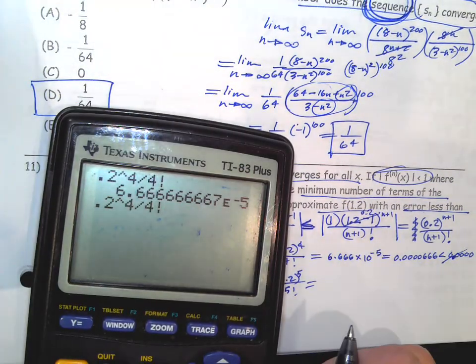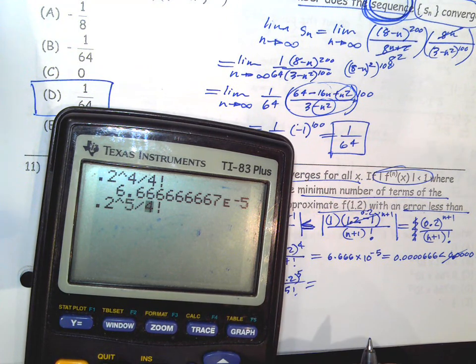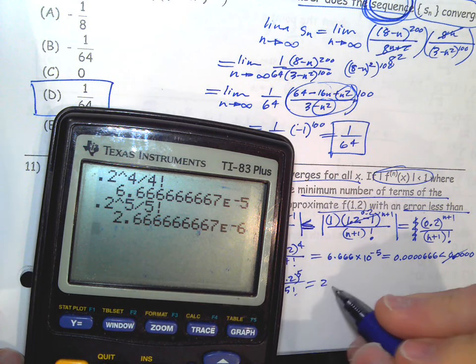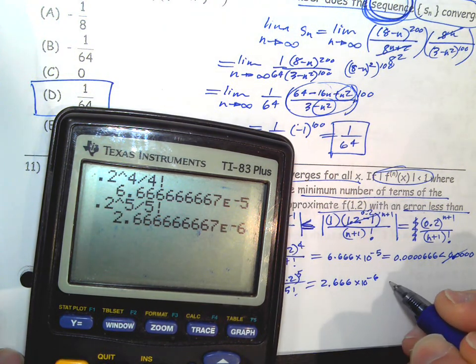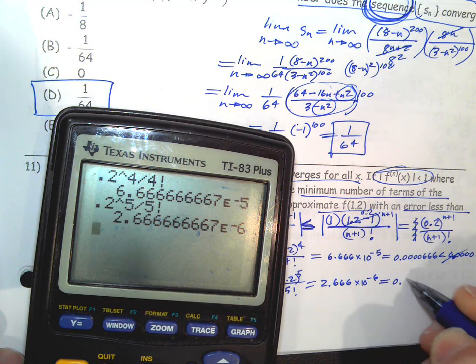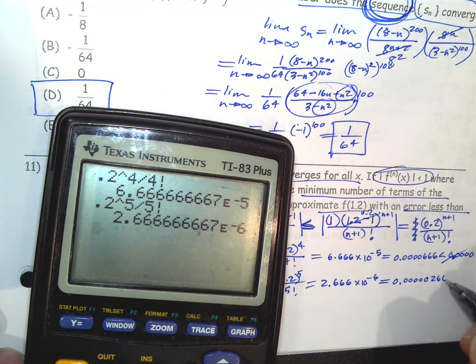So I'm going to take advantage of my previous work and just do that. Now it's 2.666 times 10 to the negative 6. So you're going to move the decimal over 6 spots, which gives you 5 zeros, which is less than 4 zeros with a 1.